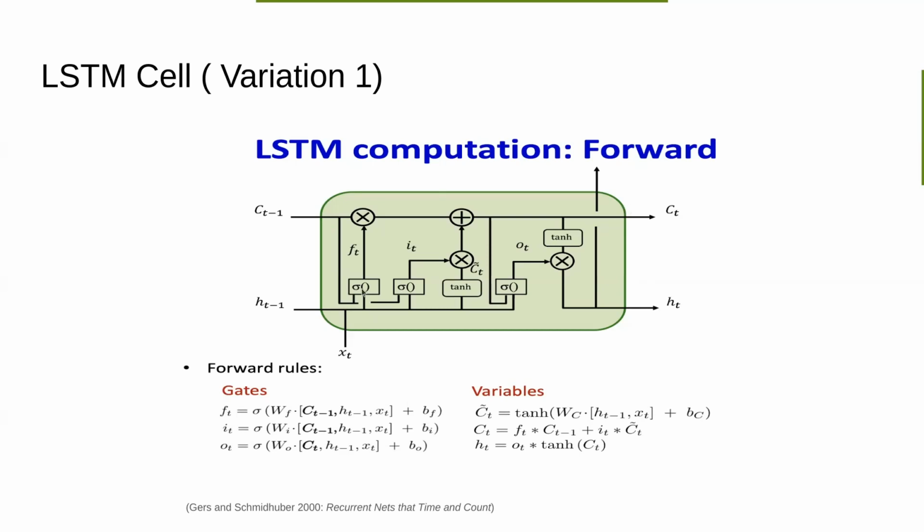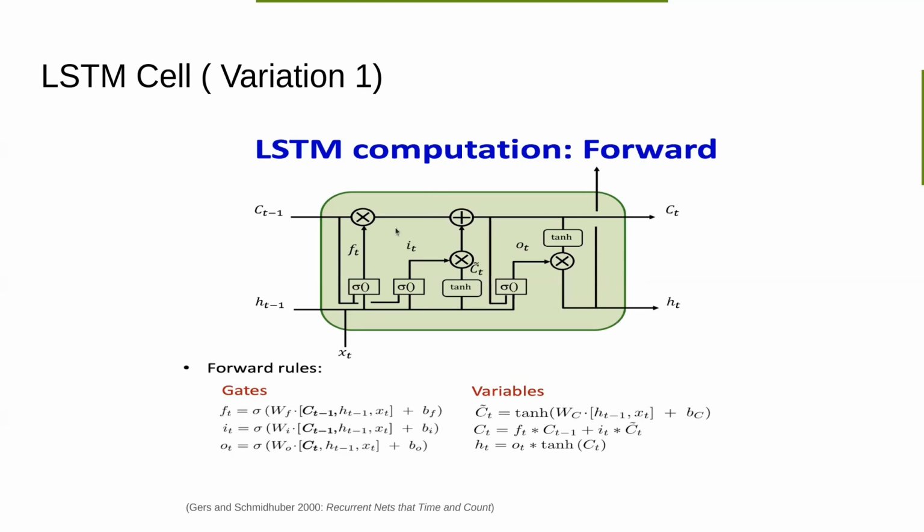You have the previous cell state and the previous hidden state coming in along with the input, and you would ideally want to return the hidden state, which is also the output, and the cell state. The cell state is also called the error carousel, and can be thought of as the memory. You would want to update this as well as the hidden state.